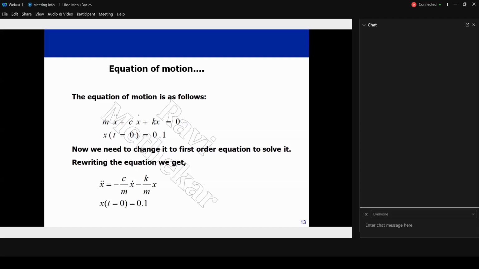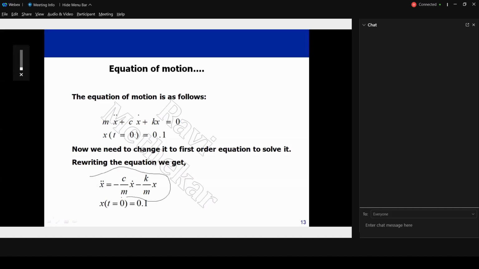Now let's rearrange the first equation. What I did is rearrange the first ordinary differential equation here.